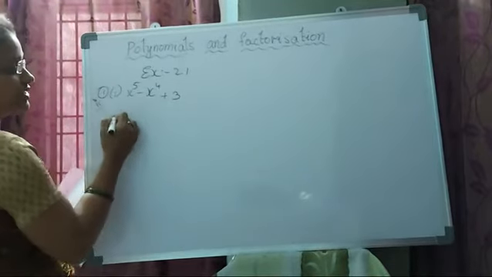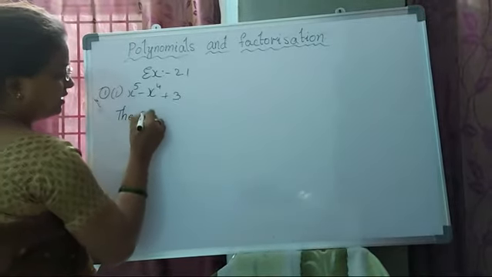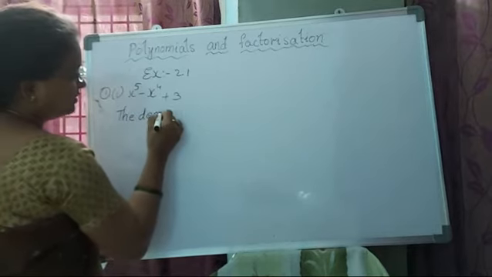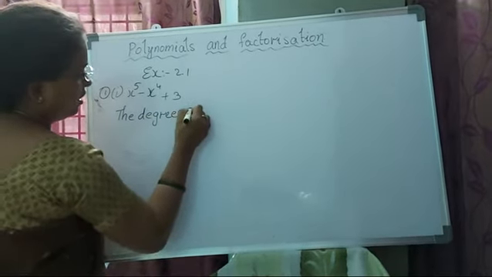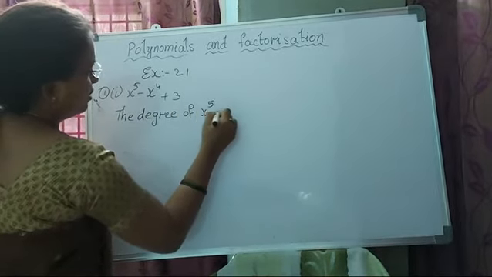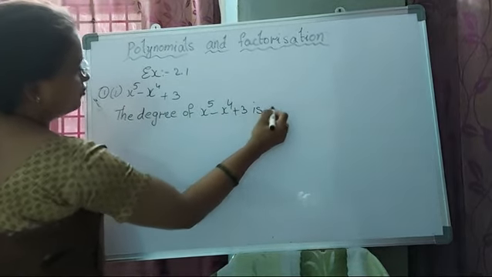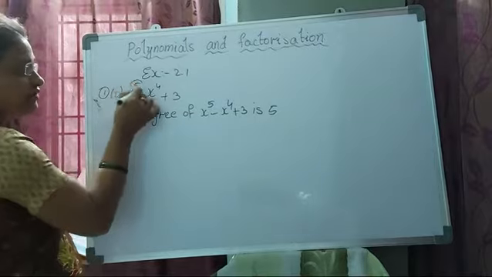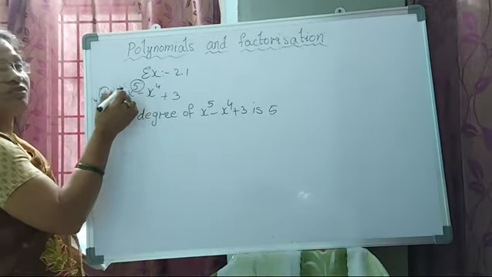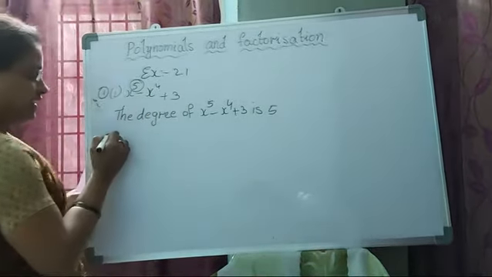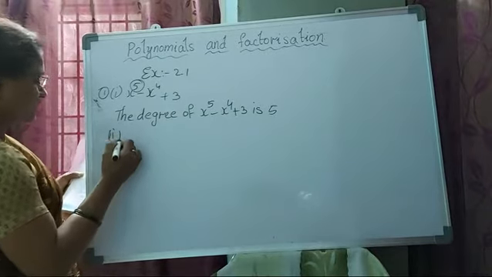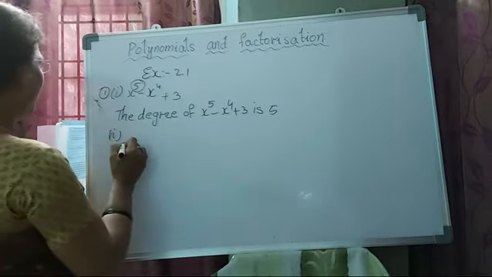The degree of this particular polynomial is 5. Highest degree, highest power we have to take as the degree. Next, second one, you do your own.